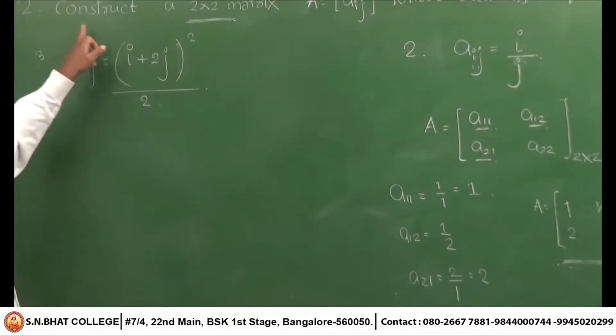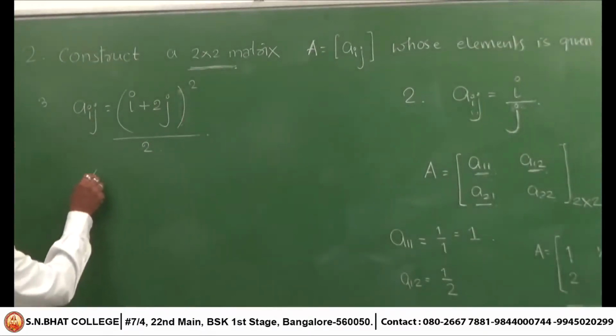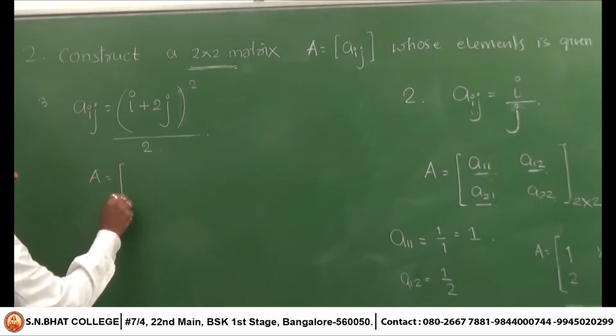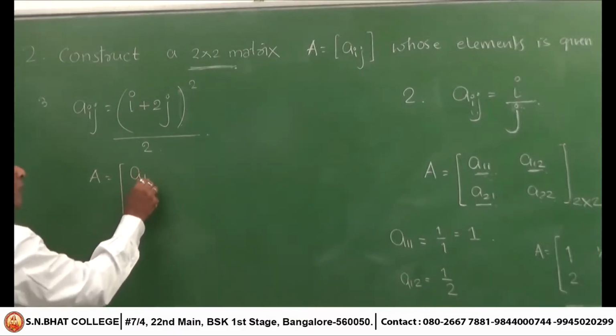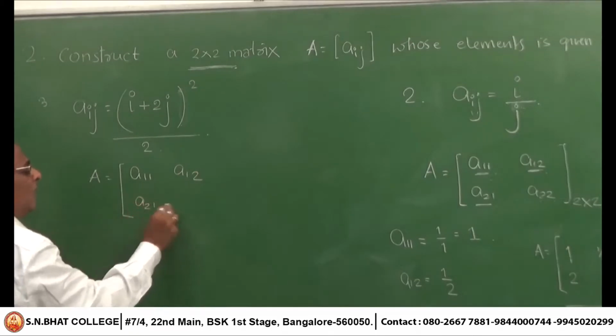Again the question is to construct a 2 cross 2 matrix. A 2 cross 2 matrix is of the form A11, A12, A21, A22.